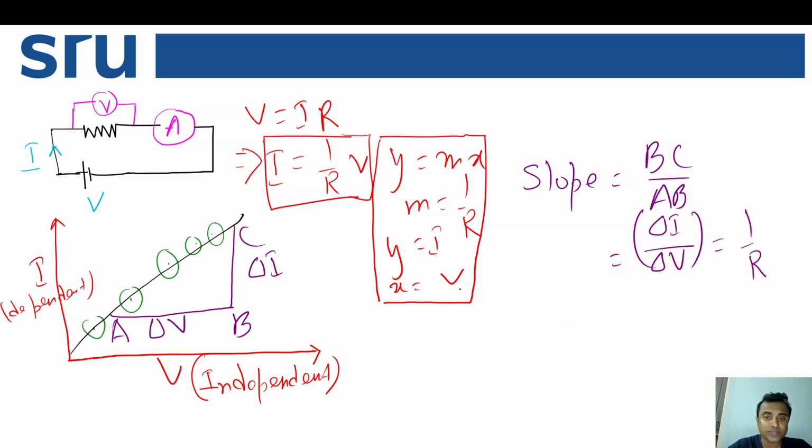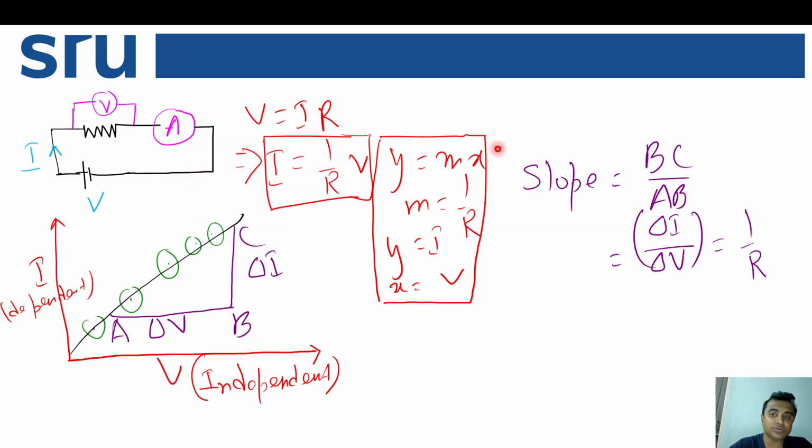Okay. So if you have a conductor with you, now you can apply a voltage and you can measure the current passing through it, and you can simply plot the different data points.